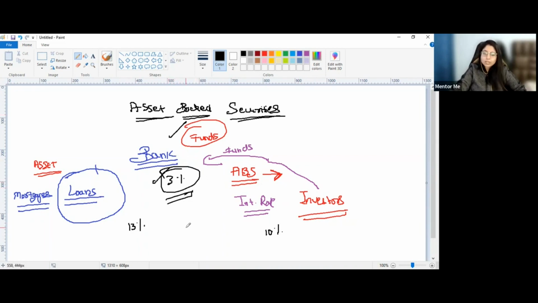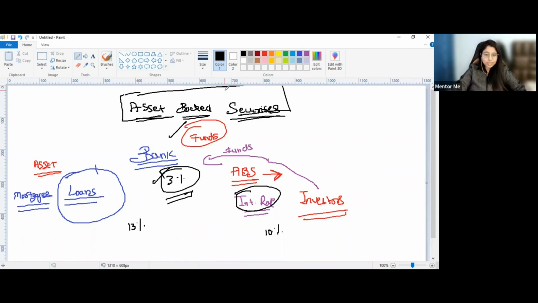इन्वेस्टर को एक सिक्योर्ड रूट ऑफ इन्वेस्टमेंट मिल गया, a way to invest in the loans of the bank, right? And against which they are getting some secured interest rate which may be higher than other options, and that's the benefit that these investors are getting. So that is the main structure of asset backed securities.